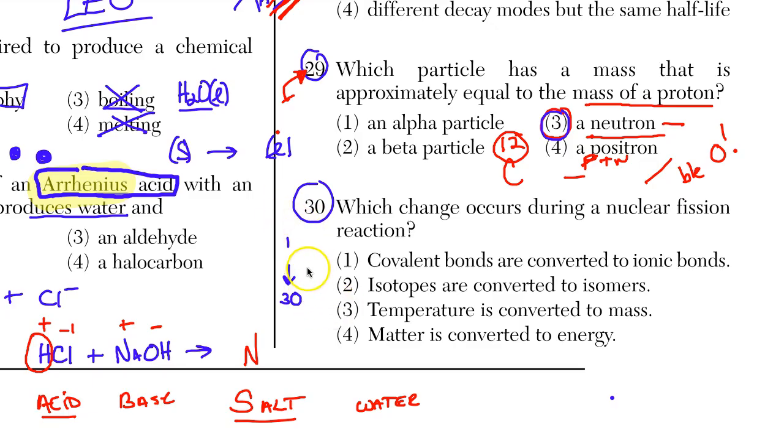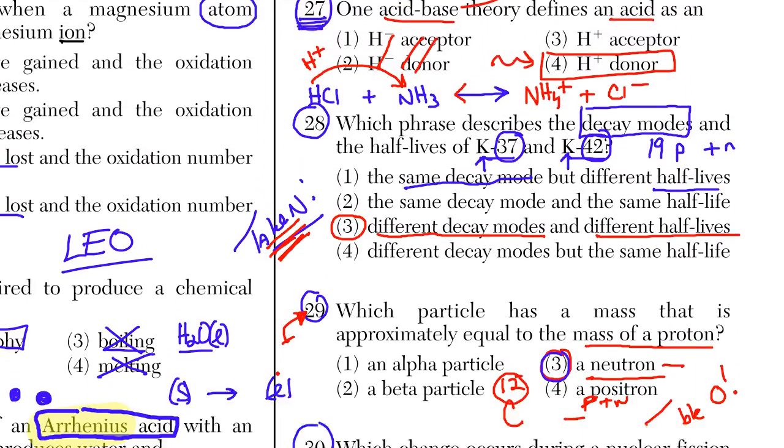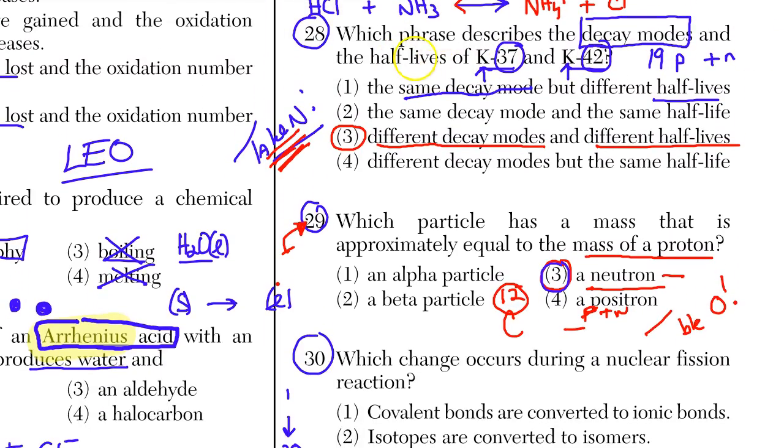Now, your teacher might have taught the course in a different manner, but when you get to 29, 30, you get these cluster questions that are nuclear chemistry. In fact, 28 was our first nuclear question about decay modes. Table N helped us out there.